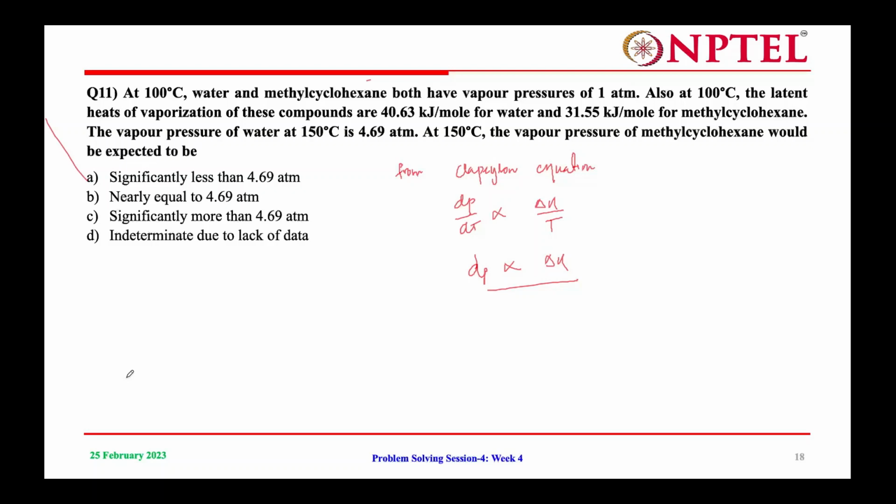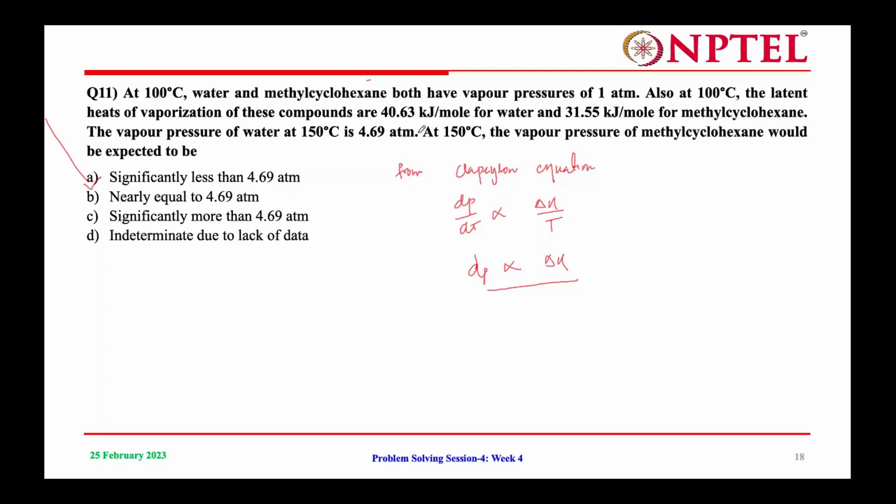Here delta P is directly proportional to delta H. At 150 degrees Celsius, the pressure of water is 4.69 atm.